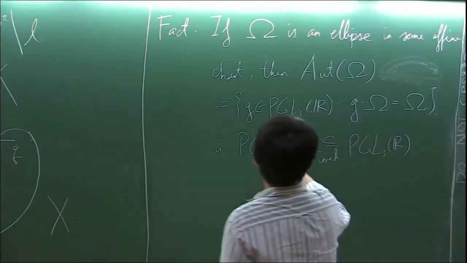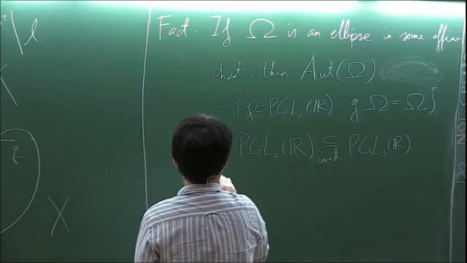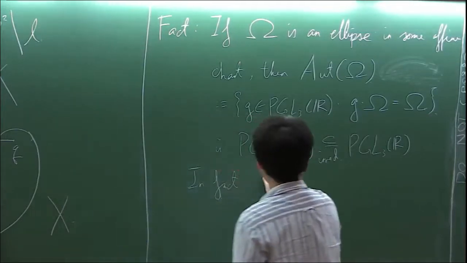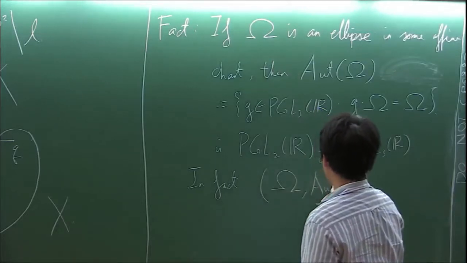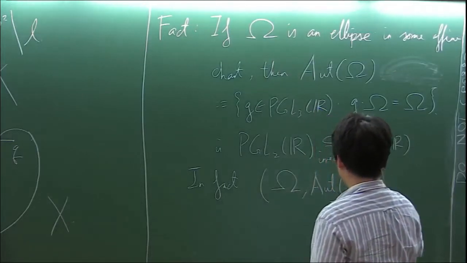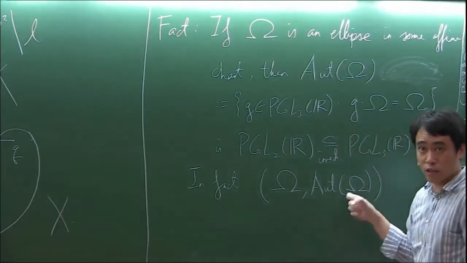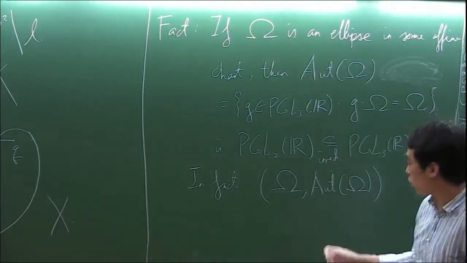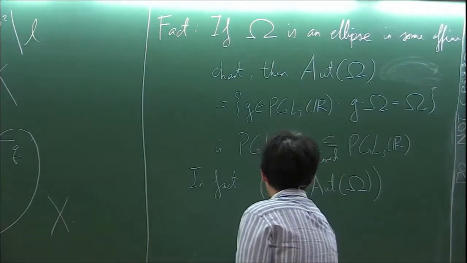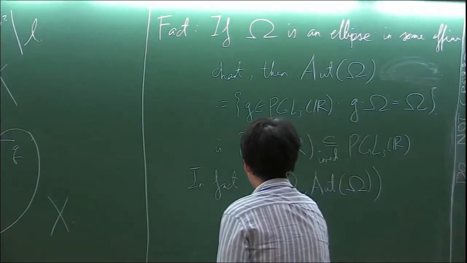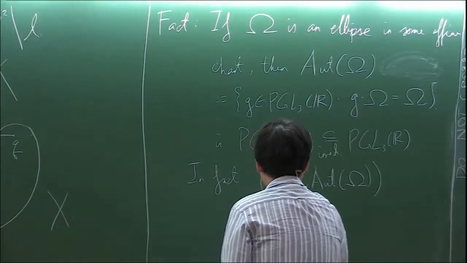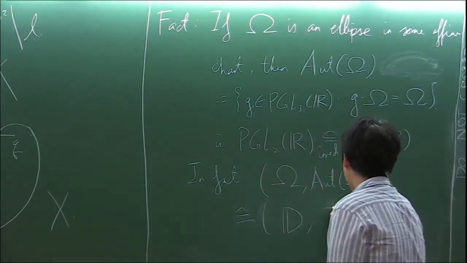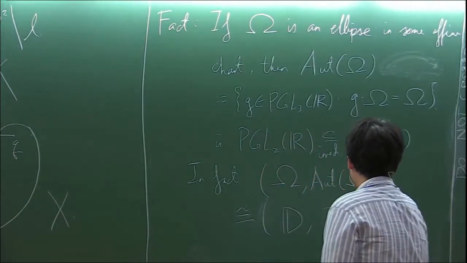And in fact, if you think of this omega together with its automorphism group as a geometry, I specify a topological space together with a group of symmetries, this is isomorphic as symmetries to the Poincare disk equipped with the Poincare metric and the isometries of the Poincare disk.